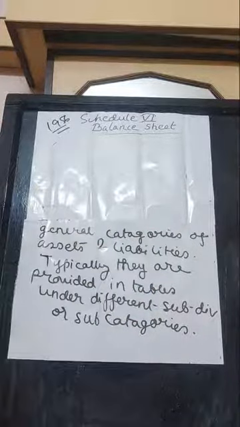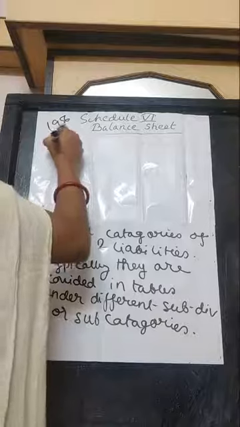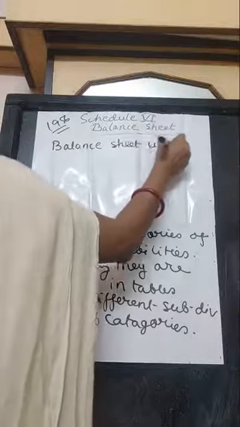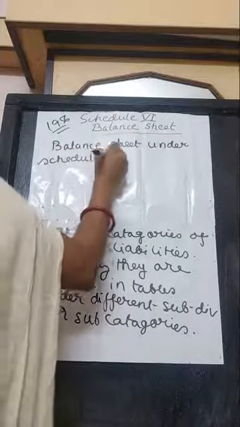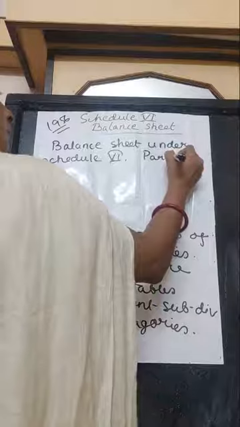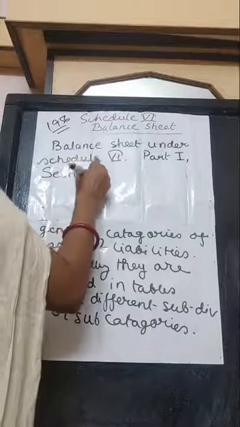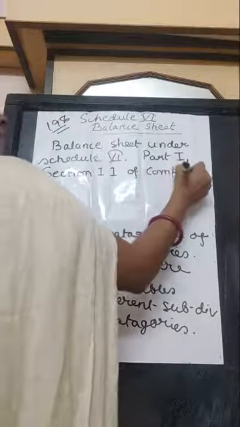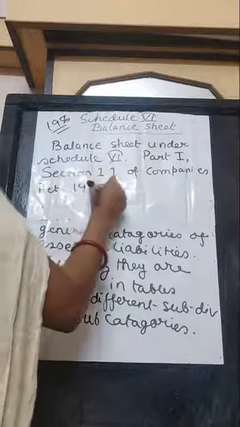The heading that you will write while preparing this balance sheet is: Balance Sheet under Schedule 6, Part 1, Section 11 of Companies Act 1956.